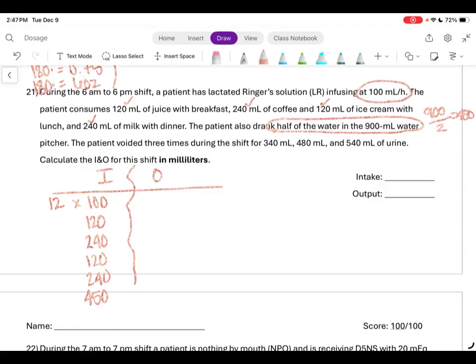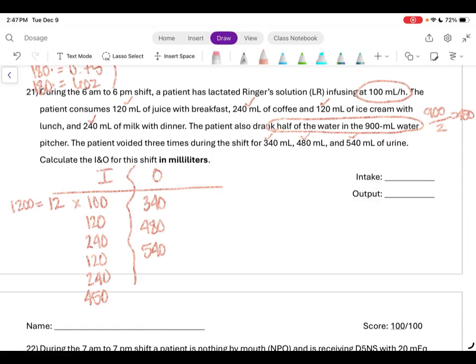Okay, output 340, 480, and 540. Okay, so 12 times 100, 1200, right?